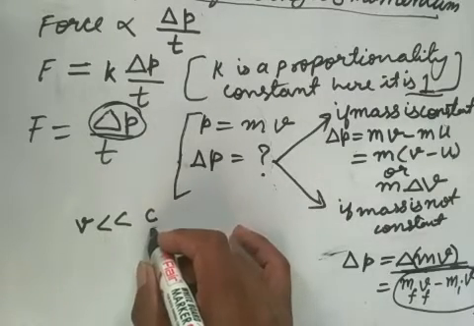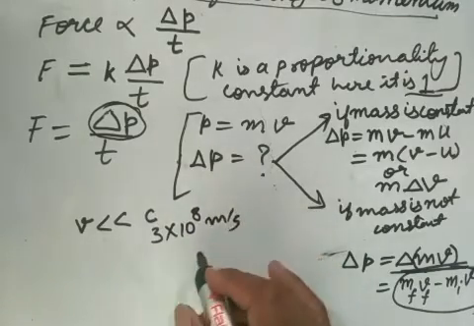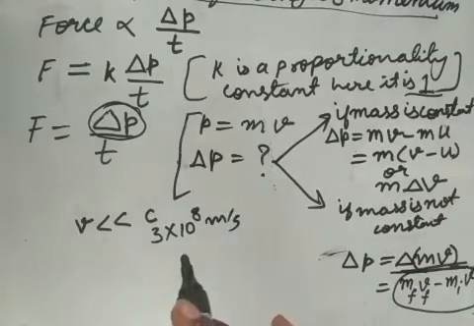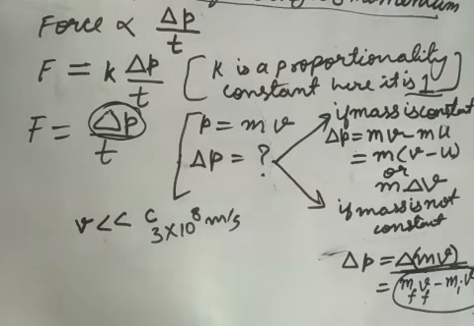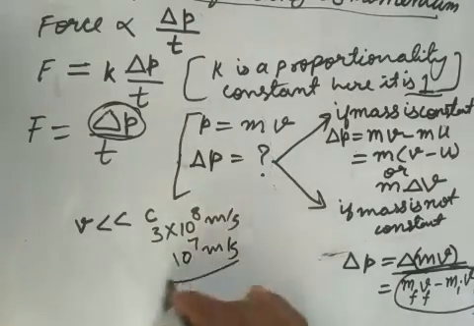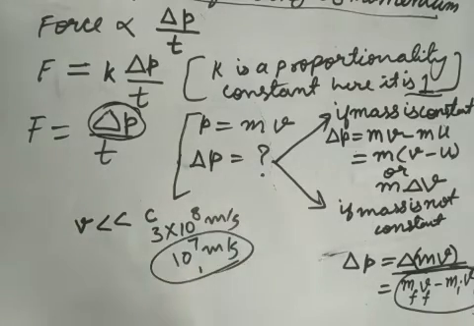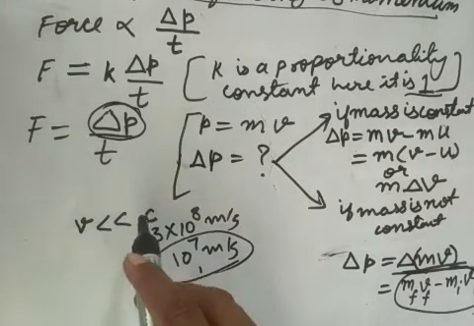The speed of light is actually 3 into 10 to the power 8 meter per second. This is such a high speed, we have never reached this. So v is very much less than c.